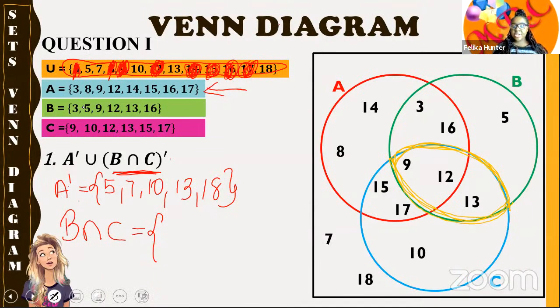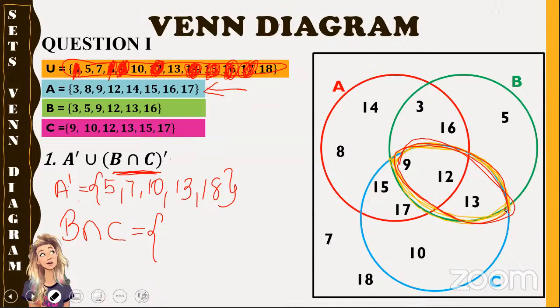So we see that. So now let's write down B intersect C. What are the elements? What is in this area that we just highlighted? So that's B intersect C, where they overlap.